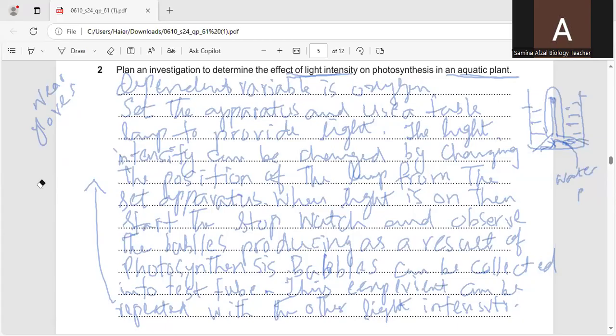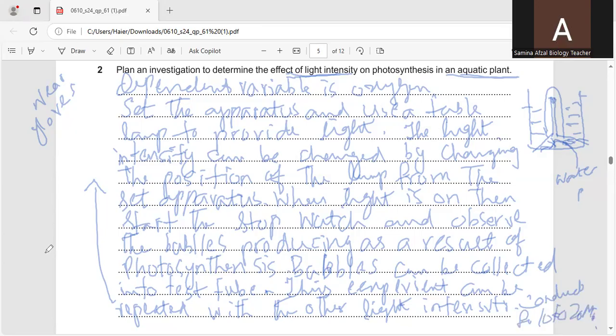And secondly, this experiment can be continued for 10 to 20 minutes.